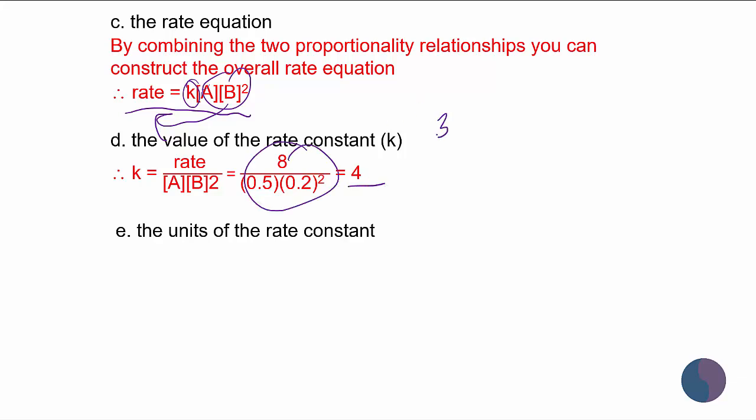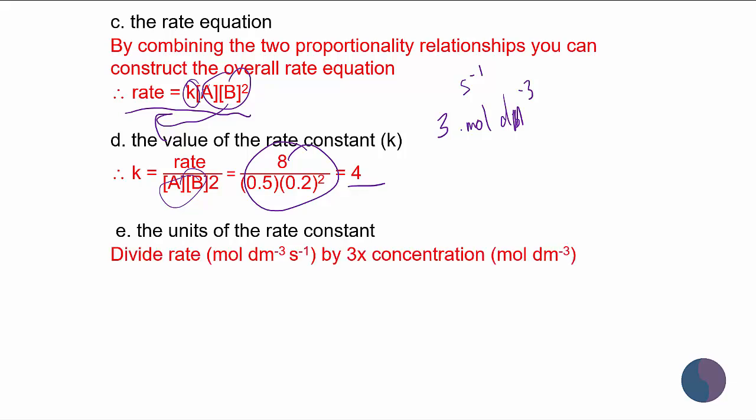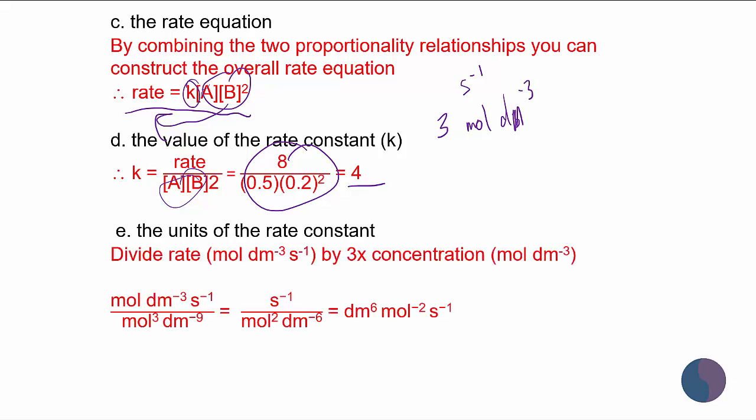Now, because there are 3 concentrations, the units are going to have to be divided by moles per litre 3 times. So we're going to have seconds to the minus 1, and then the rate needs to look like this.